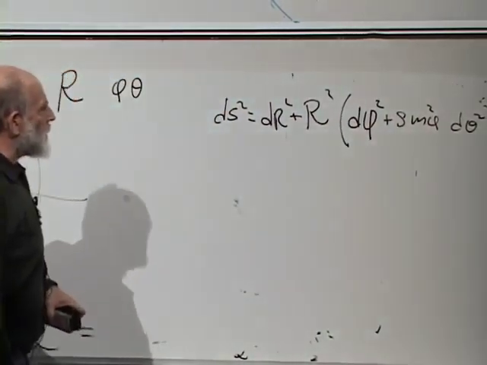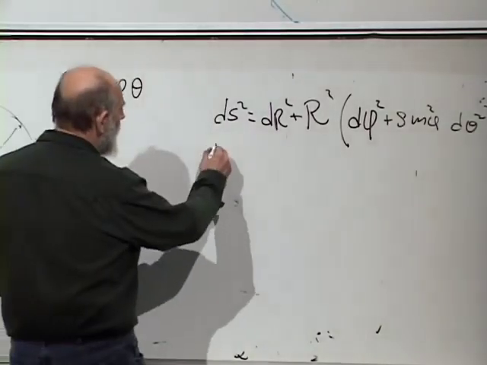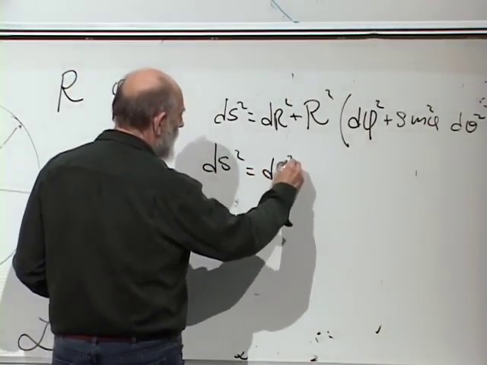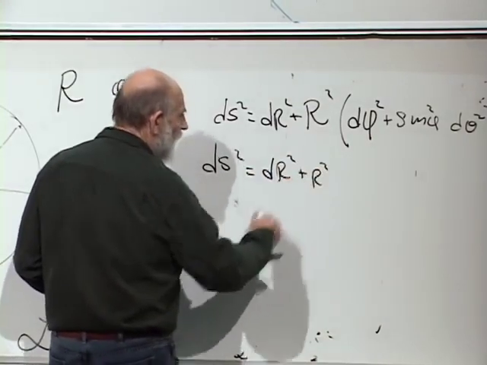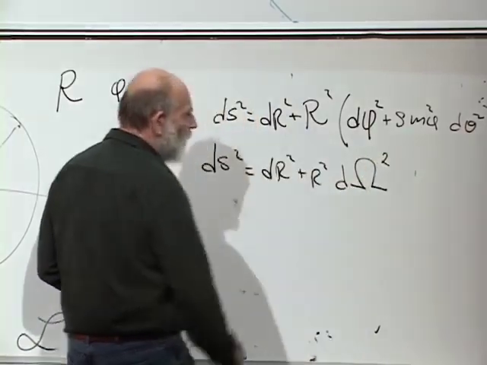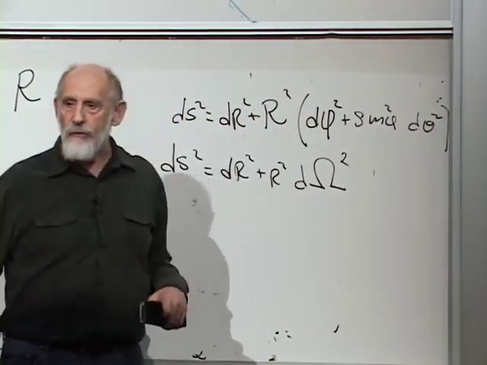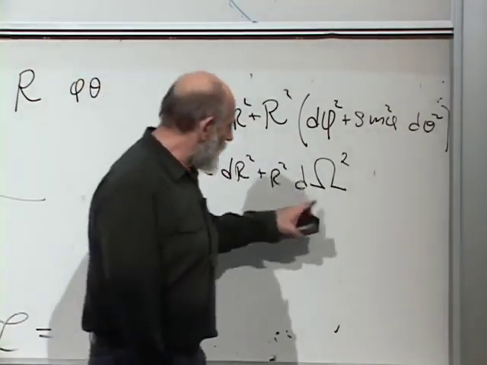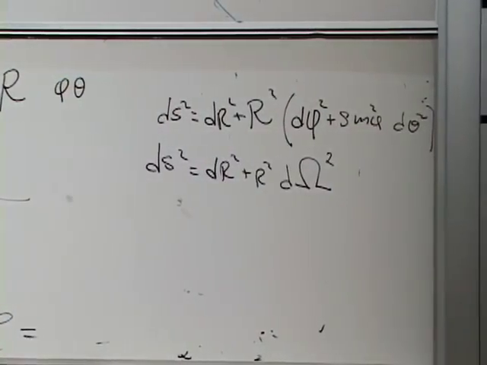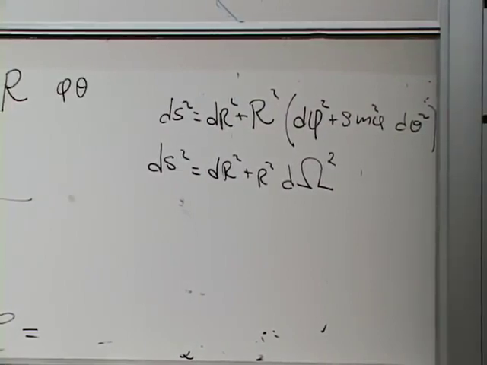There's another way to write this, which is common, which is ds squared is equal to dr squared plus r squared d omega squared. D omega squared is a shorthand for writing out the metric on the unit sphere. It's convenient if we don't want to keep writing thetas and phis.